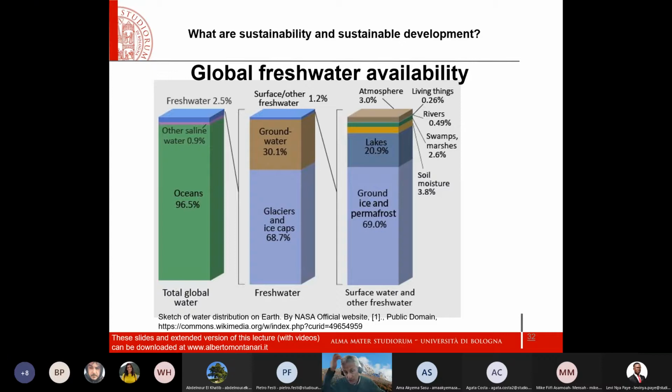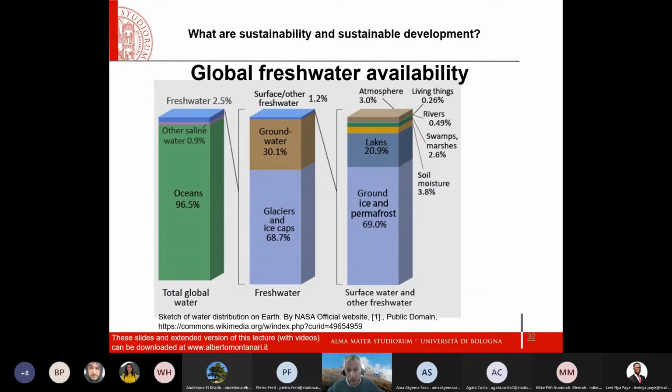Rivers, 0.49%. And atmosphere, 3%. Living things, living organisms, 0.26%. Now, let's focus on rivers, which are an important source of fresh water for human use.